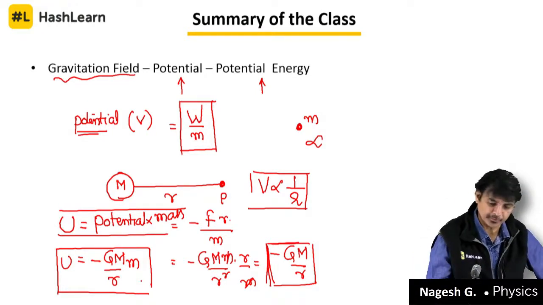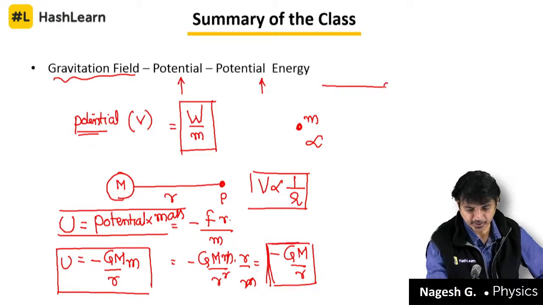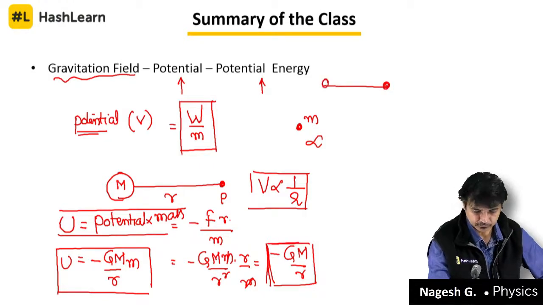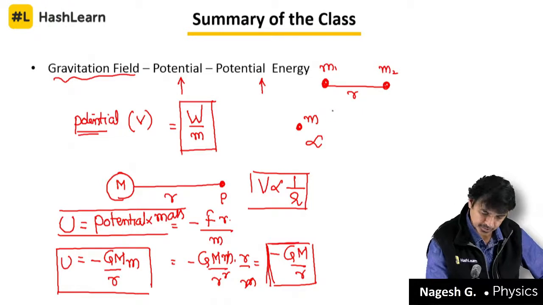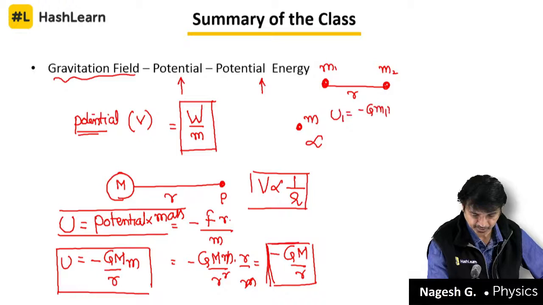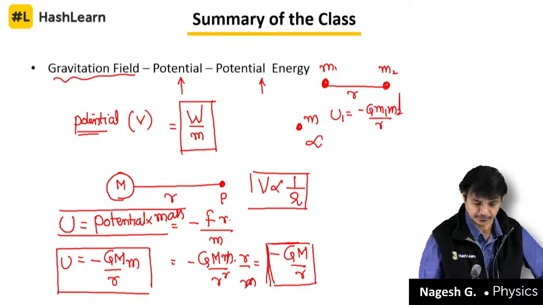For example, if you take a 2-particle system, the distance is R, this mass is m1, this mass is m2. Then the potential energy of the 2-particle system is minus G m1 m2 by r. This is for a 2-particle system.